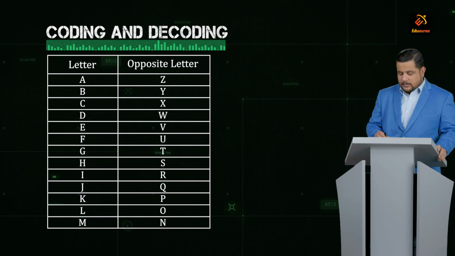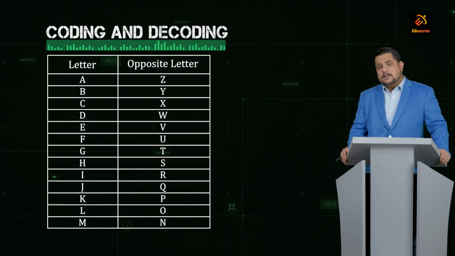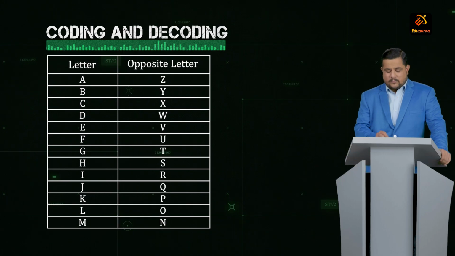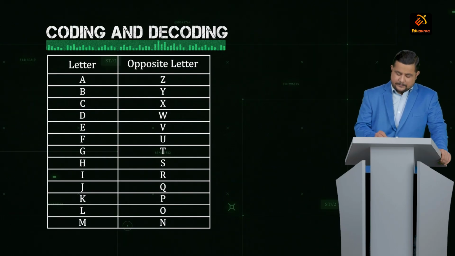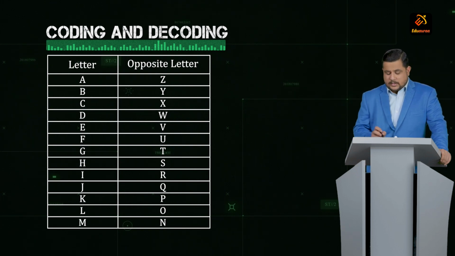A to Z, how can you connect A and Z? It is very easy to remember. The reverse rank letter of A is Z, and Z is opposite to A. Now, B to Y: you can remember this by the word boy.